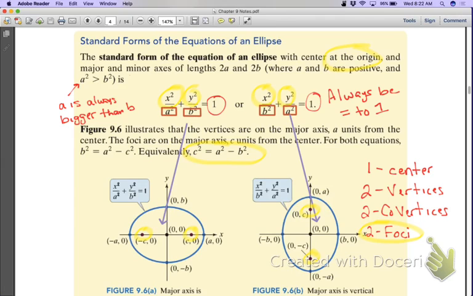So the bigger number squared minus the smaller number squared, and then taking the square root. It's essentially the opposite of the Pythagorean theorem. Pythagorean theorem is what? A squared plus B squared equals C squared. For the foci, it's going to be C squared equals A squared minus B squared.